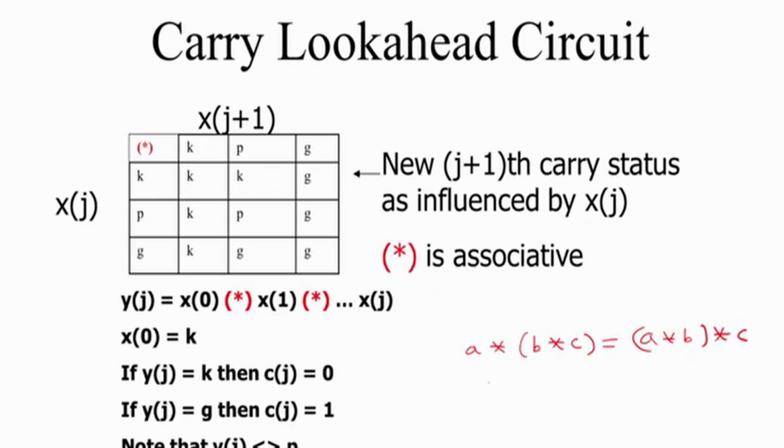P, K, K. Okay. So, P star K star, let us say G, is equal to P star K star G. Now, what is P star K? K star G? K star G is G.